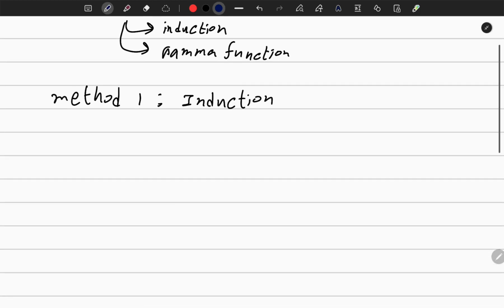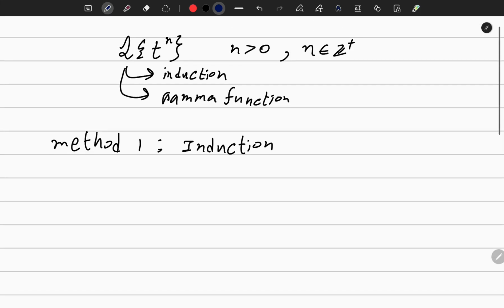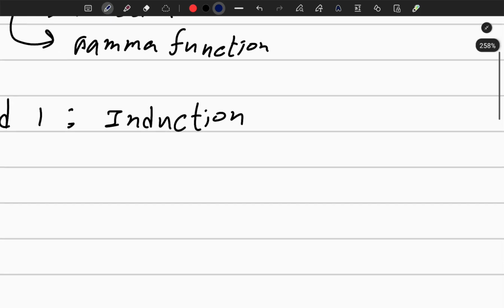What is induction? Basically, you prove some condition for some n value, and then you assume it is true for some p value.